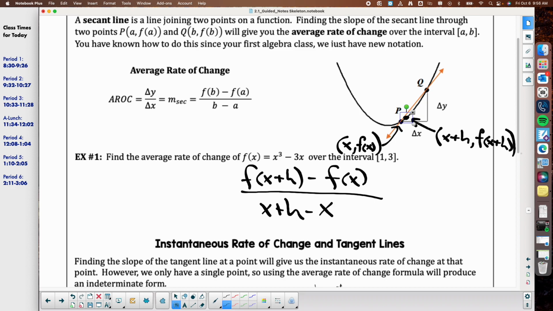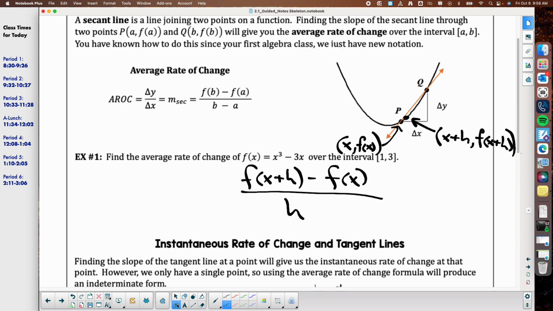And then on the bottom, x minus x cancels. And you have this. This is the slope between 2 points that are real close together.